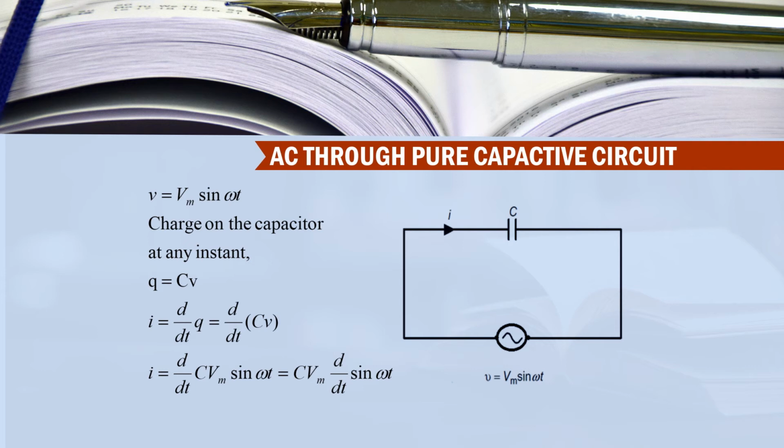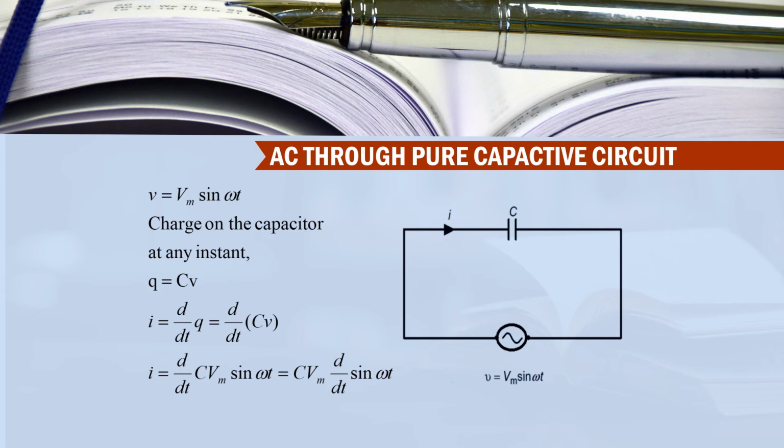And what is the value of this q? q can be replaced as Cv. So current can be written as i equal to d(Cv) over dt. So this can also be written as i equal to d over dt of C Vm sin omega t. So what you are doing is just replacing the value of the voltage v equal to Vm sin omega t.